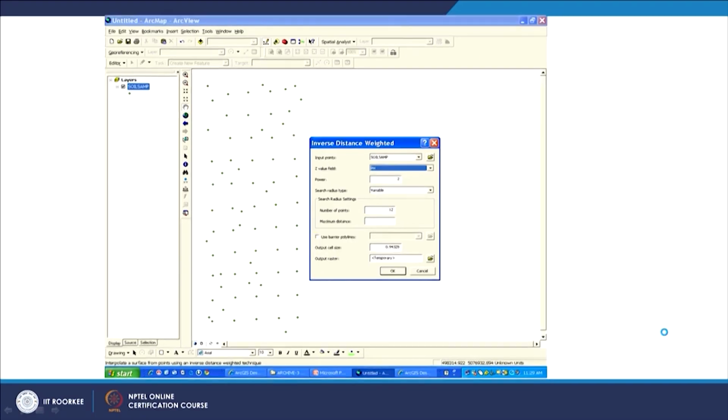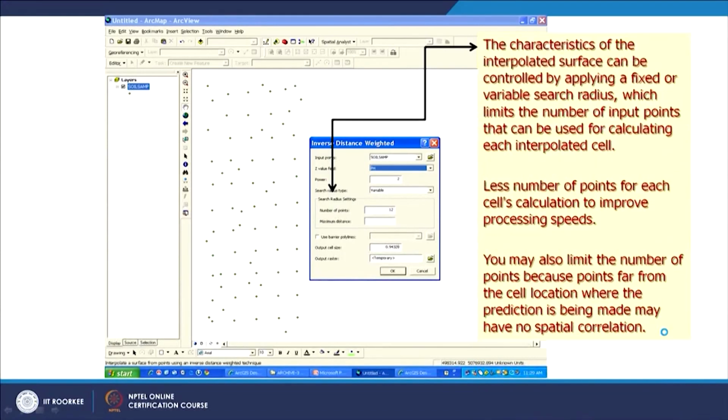Now, further, if we go for this search radius value, in this example we have kept it as variable, but there are some other options available. The characteristics of the interpolated surface can be controlled by applying a fixed or variable search.